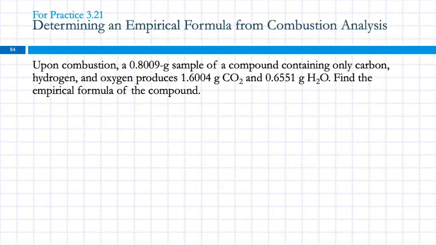So the oxygen in the water and the CO2 probably did not come from the compound. And if it did, it also has additional oxygen, so that's not going to help us out at all. But we can calculate the mass of carbon and the mass of hydrogen and subtract those from the original mass. Then we'll have the mass of oxygen, and we can calculate the moles of oxygen and get the lowest ratio.